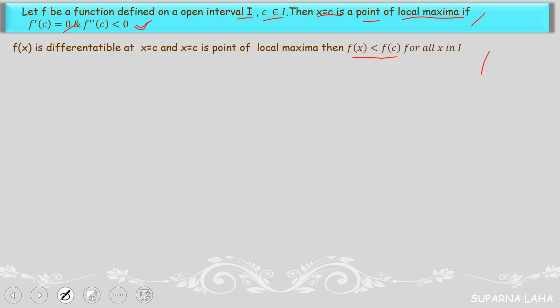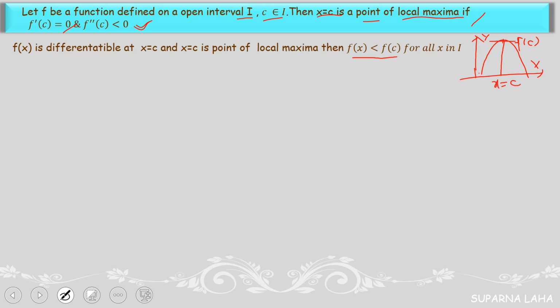So this curve may look like this, and this point is f of c, and this point is x is equal to c. This is the y axis, this is the x axis. So at that point a maximum exists.